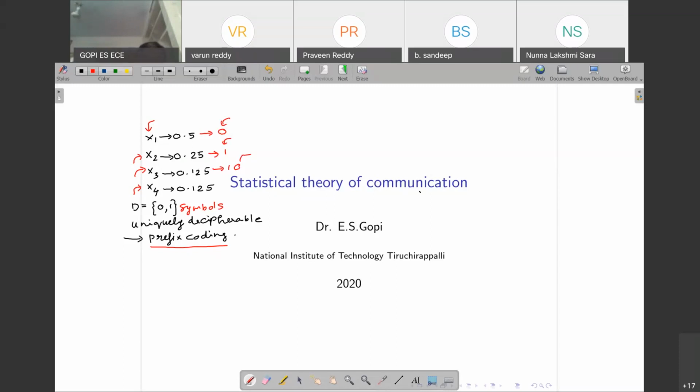You can assign a codeword to each individual sample with lengths, for example, L1, L2, and so on.